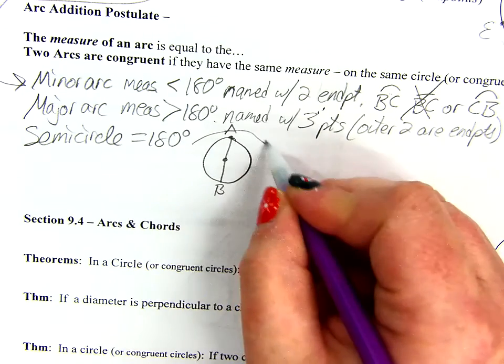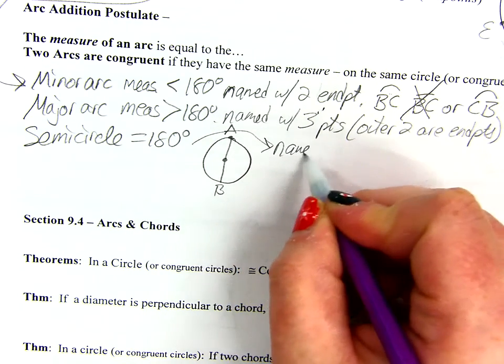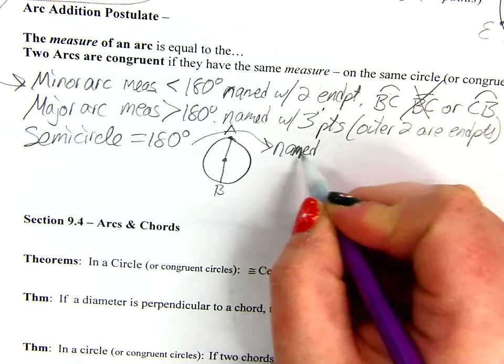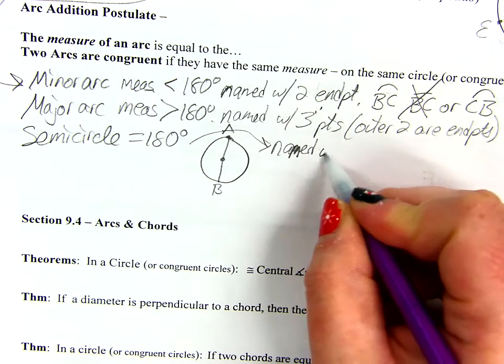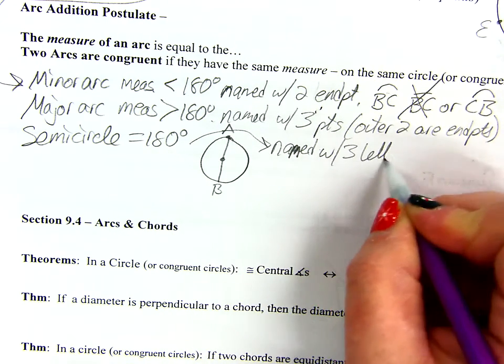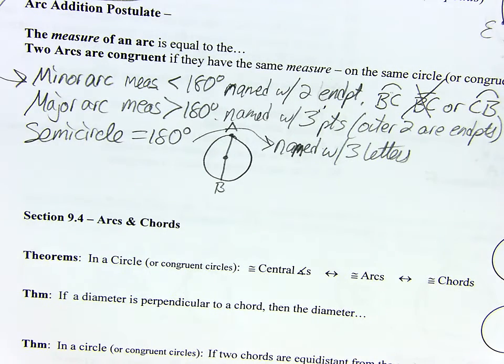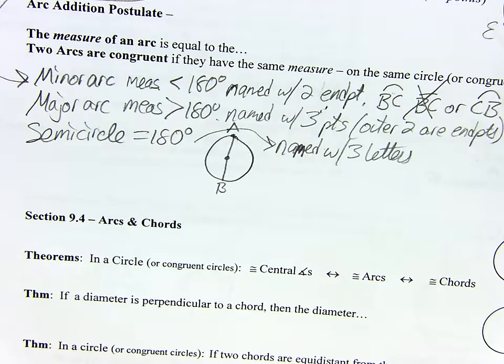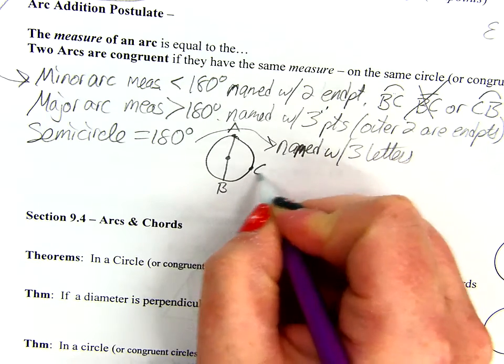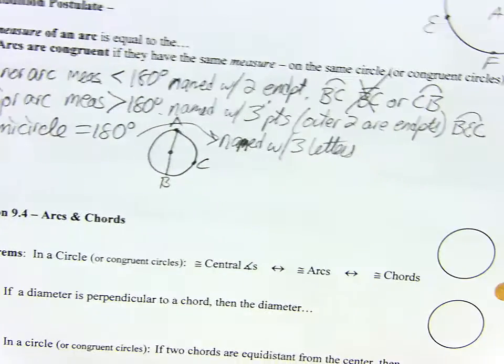So we're still going to name it with 3 letters. Why am I messing up my M's today? I don't know. Named with 3 letters. So this would be semicircle ACB, for example.